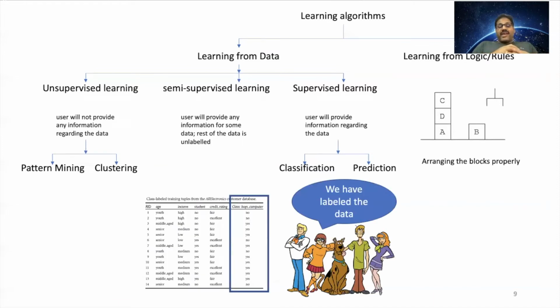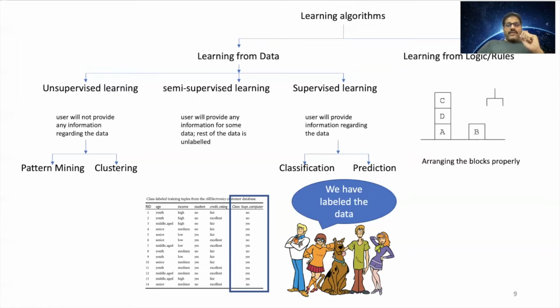In classification, users will provide some metadata, which can also be called labeled data. Here I have taken the details of the customers and given the metadata, that is whether a customer will purchase a computer or not.